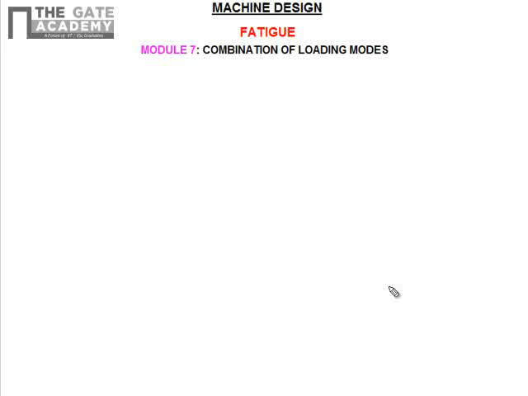So till now we have seen different cases of fluctuating stresses acting on components, and we have seen how to design the components for various fluctuating stresses. Now we have three types of cases.